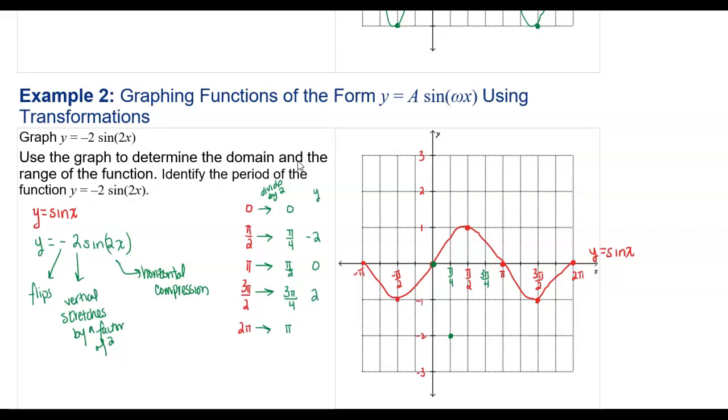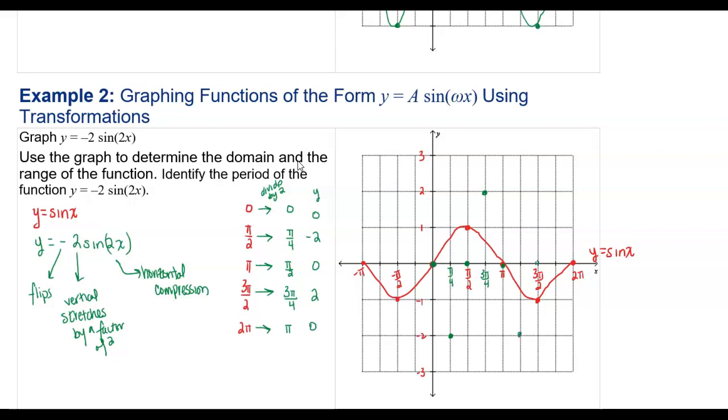So here's our y's just to help you out. And pi is at, once again, 0. So here we have 0, 0, pi over 4, negative 2, pi over 2, 0, 3 pi over 4, 2, and pi 0.